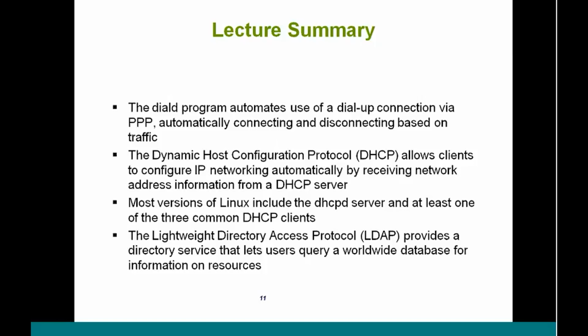Then we also looked at the dynamic host configuration protocol, or the DHCP, where the clients can configure IP networking automatically by receiving the network address information from the DHCP server.